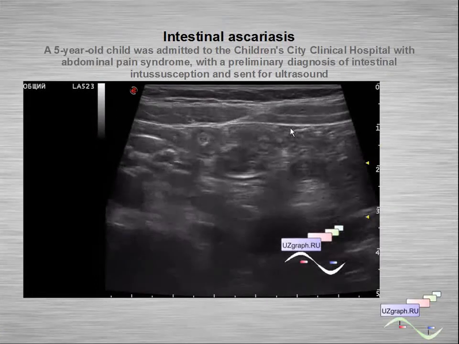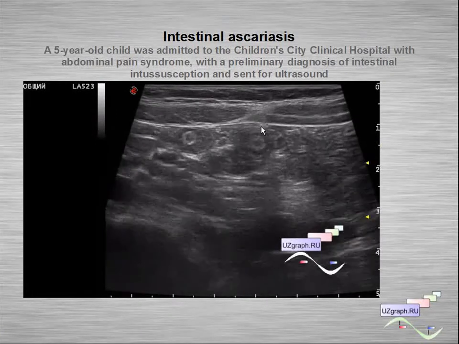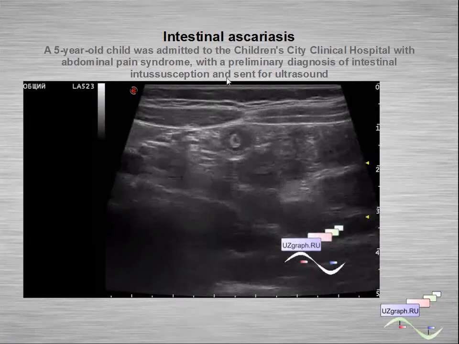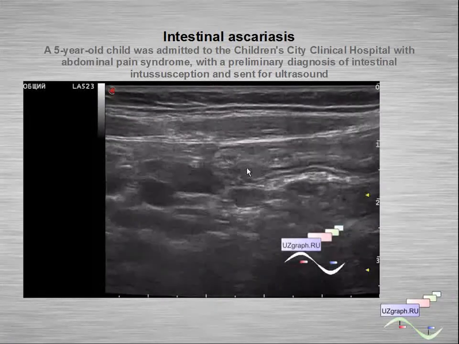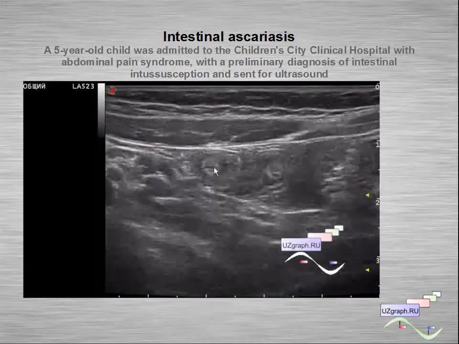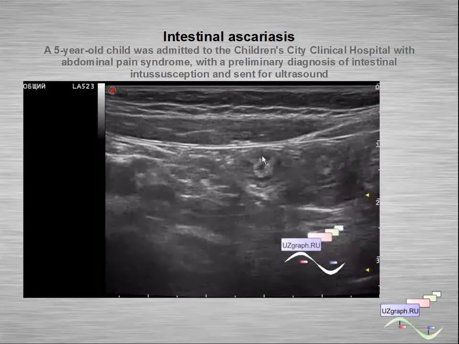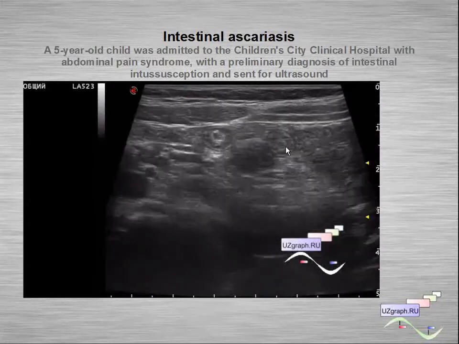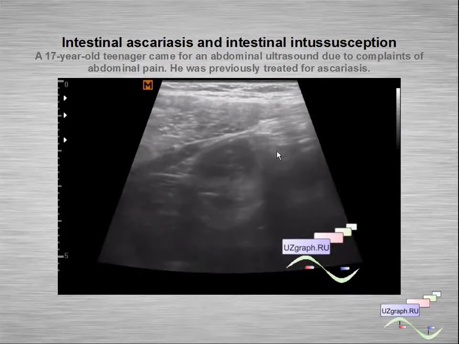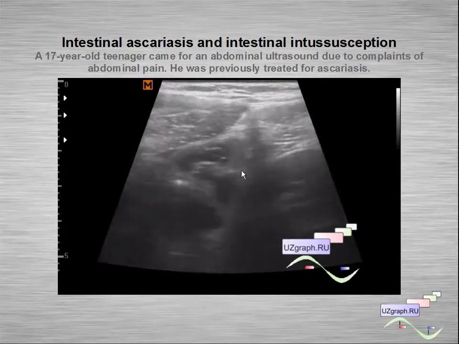And another example of a suspicion of intussusception. We can clearly see the target sign inside the intestine, a typical echo pattern. Another case of ascariasis, intestinal.